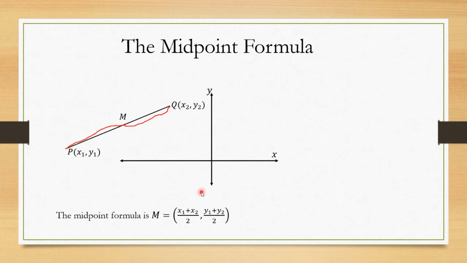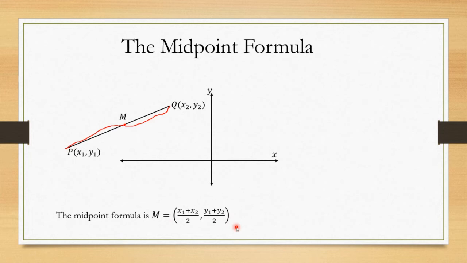You can get it using the coordinates of P and Q. Basically, you're taking the average of the x coordinates, which gives you the x coordinate of M, and the average of the y coordinates to get the y coordinate for M. That's really what you're doing.